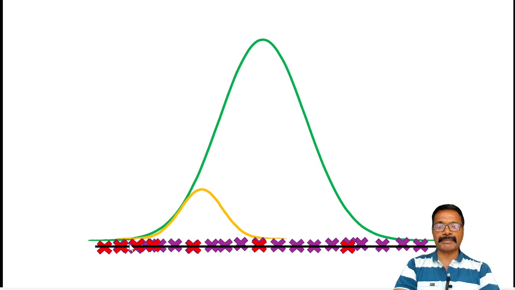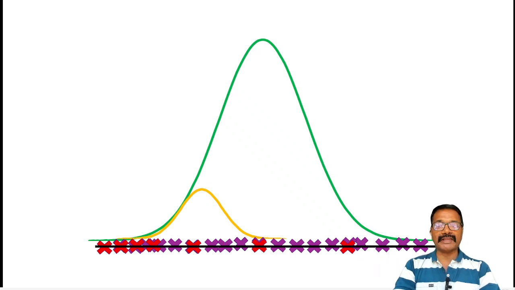So if a sample is taken from this, then the sample standard deviation will always be less compared to the population standard deviation. Whenever I have a small sample initially, I have to adjust the standard deviation by reducing the denominator. Reducing the denominator means this particular fraction will be increased.